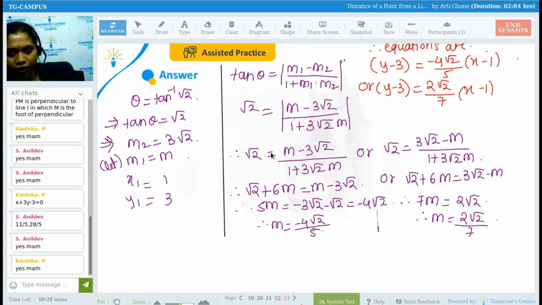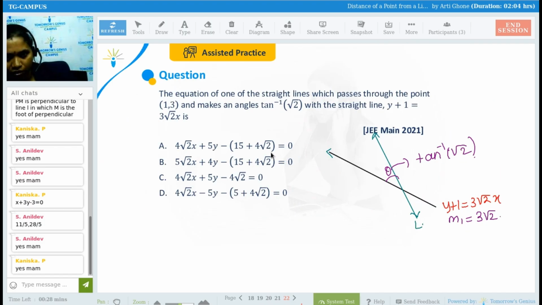Are both the equations clear? Solve and tell me which option fits our solution.